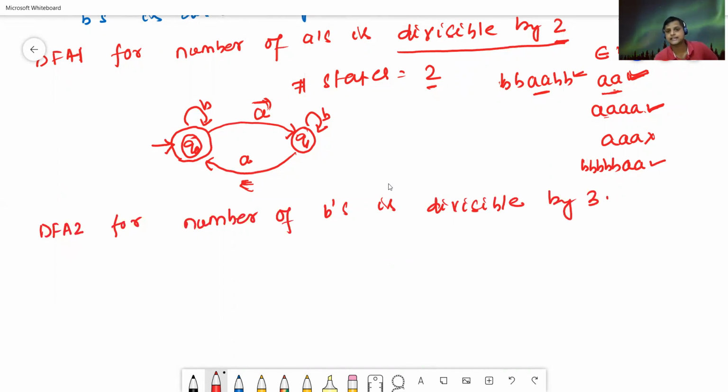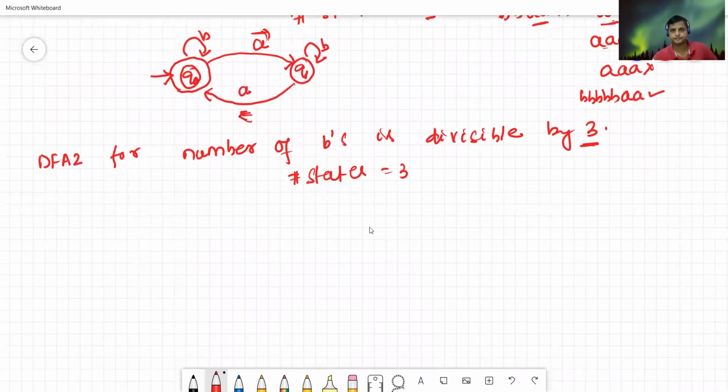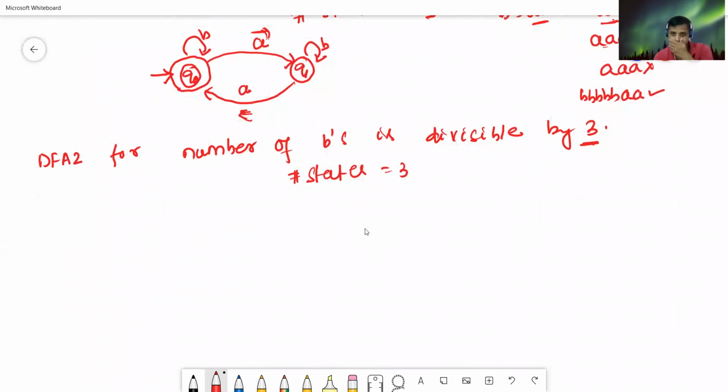Let it be DFA 2, DFA 2 for the number of B's divisible by 3. Since it is a divisible-by-3 problem, the number of states is equal to 3.